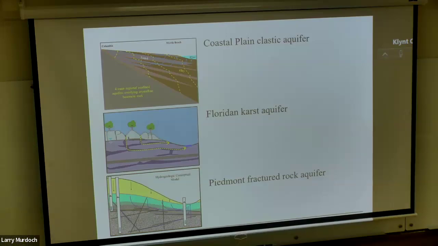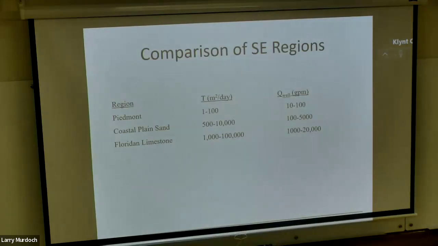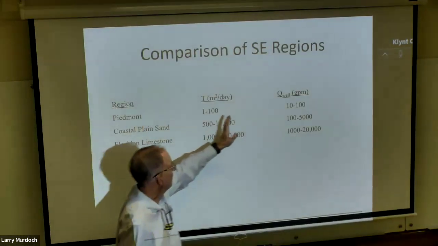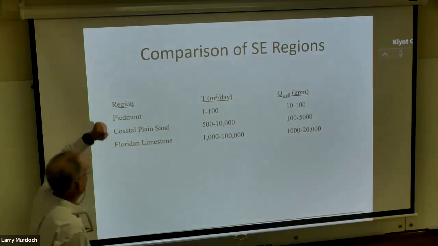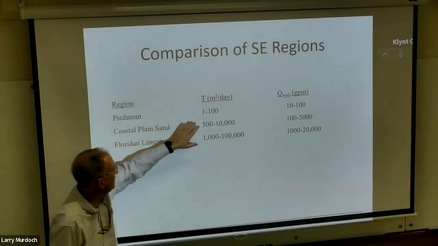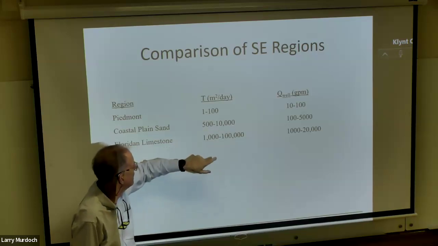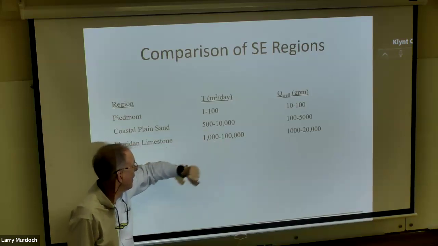And to compare, here's the transmissivities and the well yields. And these are directly following from the differences in the geology. The transmissivity 1 to 100, 500 to 10,000, and 1,000 to 100,000.